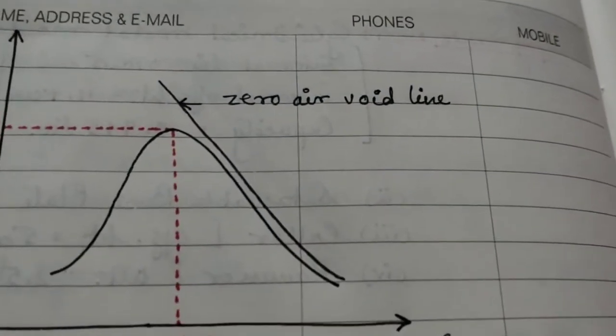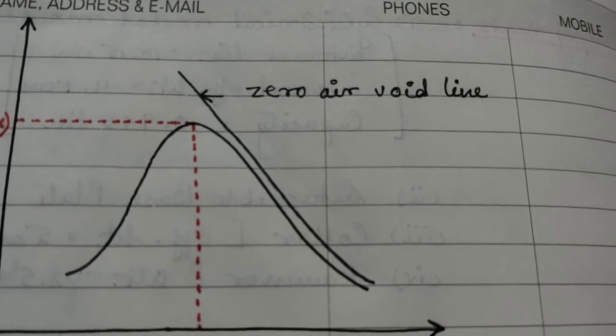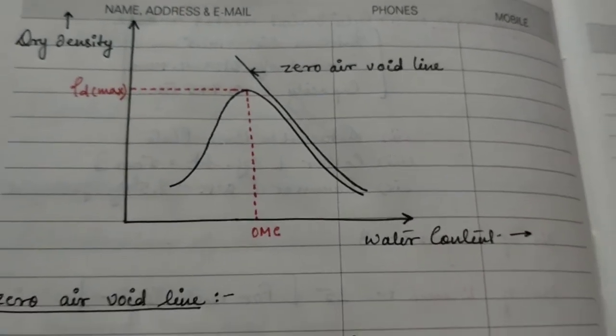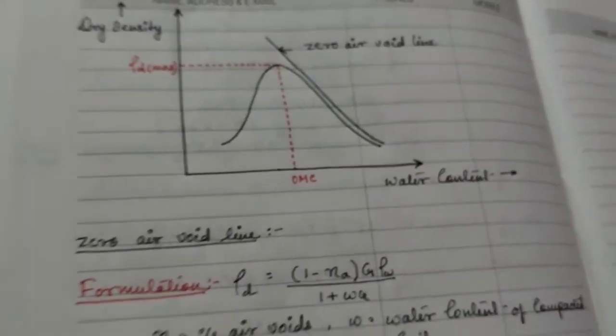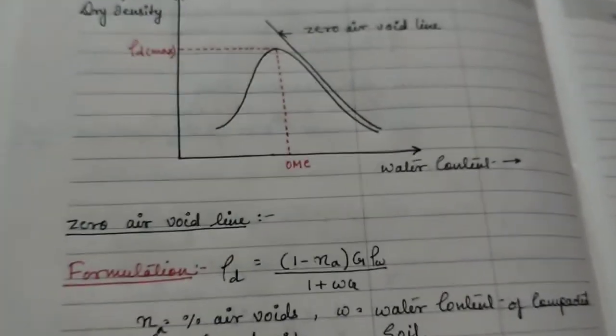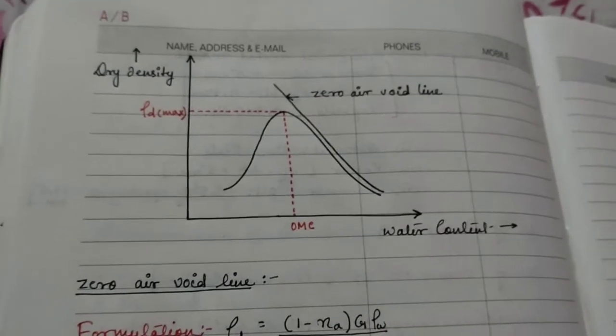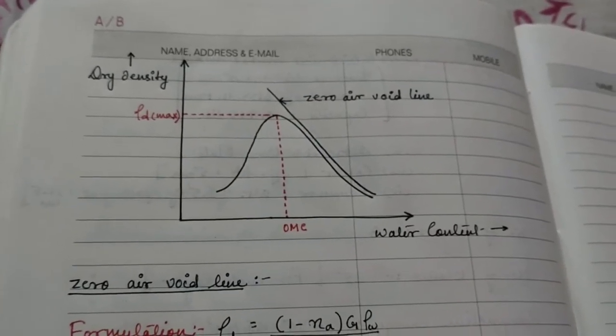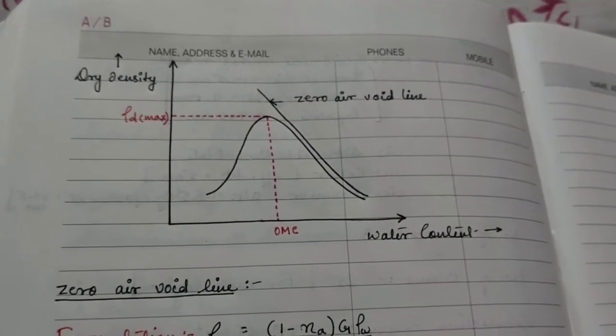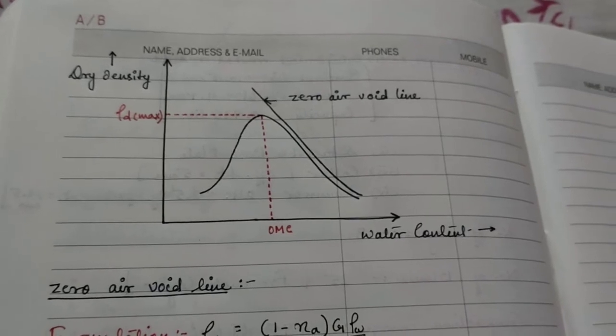So, what is the zero air void line? This line shows the water content and dry density relationship for a compacted soil containing a constant percentage of air void, so it is also known as the air void line. How can this relationship be established?